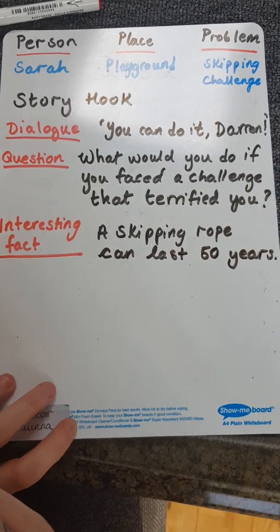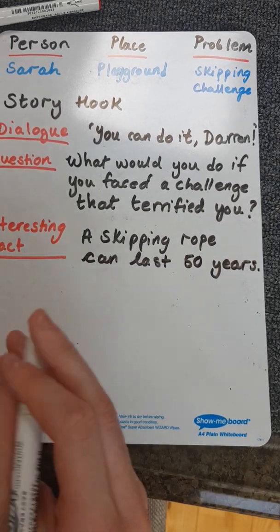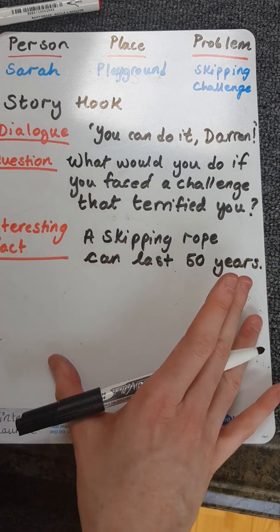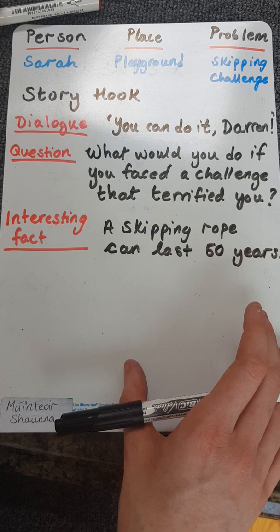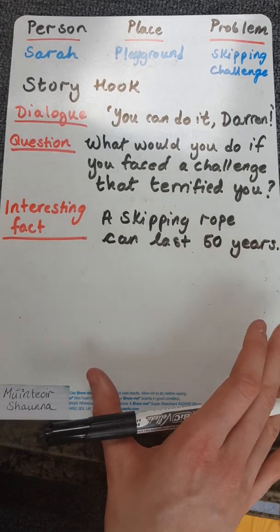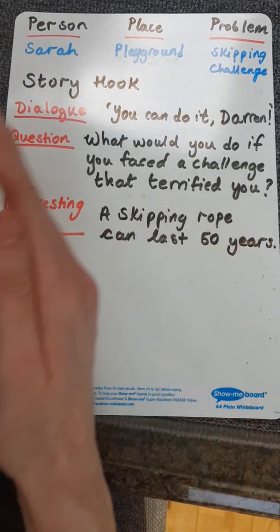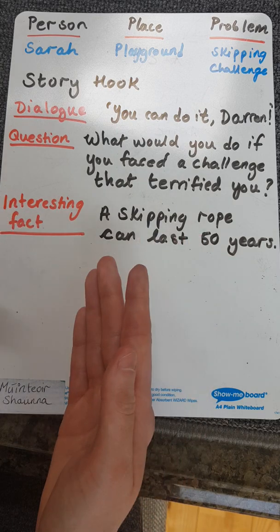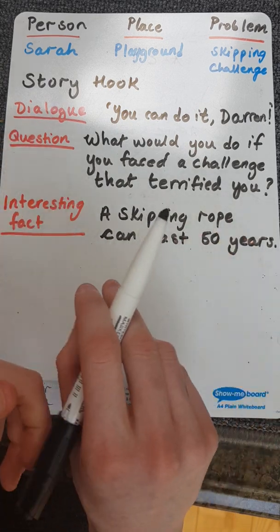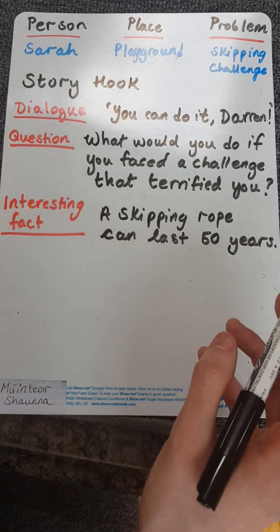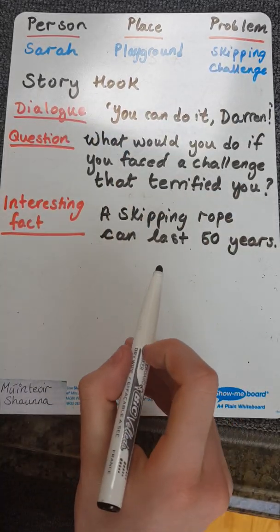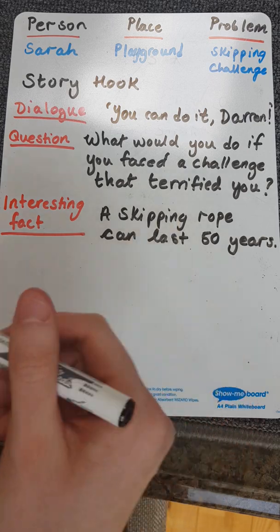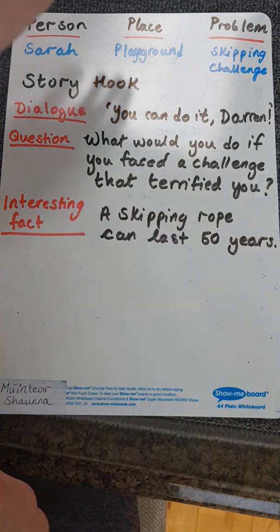Okay, that's my fact. What was the point of it? Well, I have started my story by introducing the reader to the notion that my narrative is going to be in some way related to skipping. I've drawn them in by telling them this interesting fact, that a skipping rope can last 50 years. I didn't know that before. I'm interested in it. Now, bear in mind, I've just made this up, okay? So don't take that as being real, lads, okay?